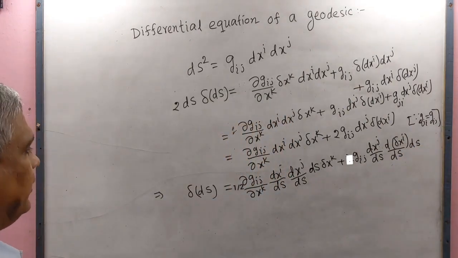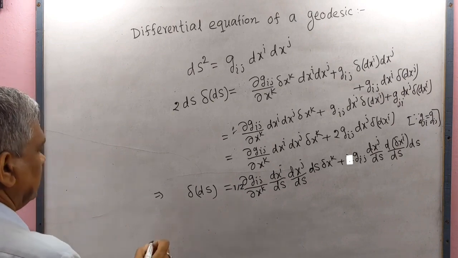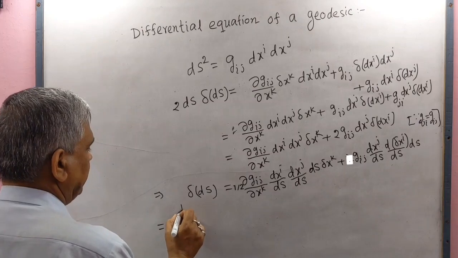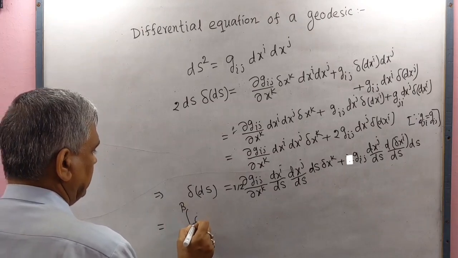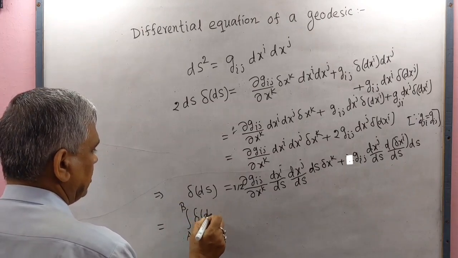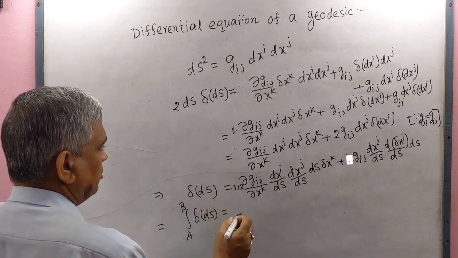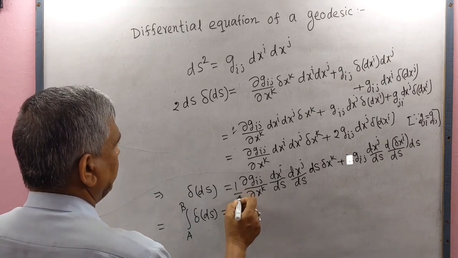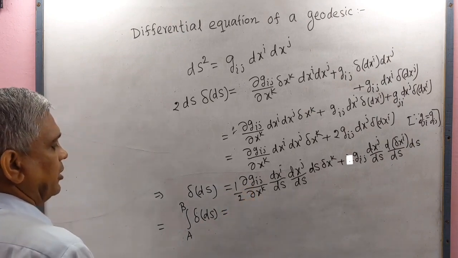Now taking integration in both sides from point A to B, delta ds equal to integration. Here 2 we have divided also 2, half.